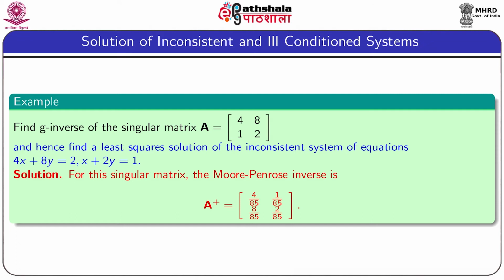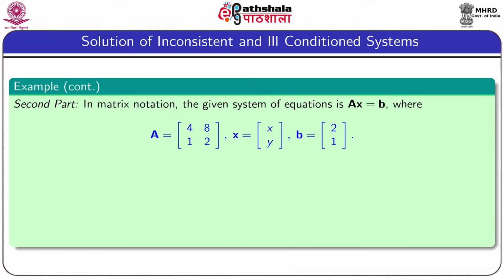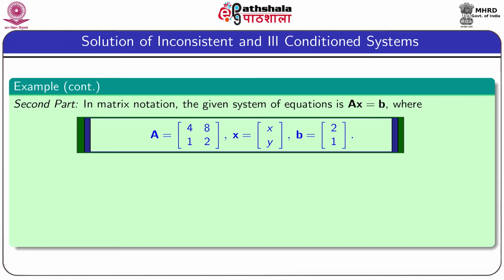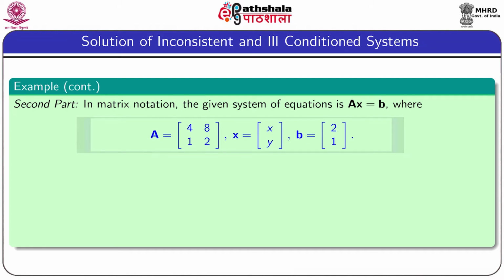For this singular matrix, the Moore-Penrose inverse is obtained as A plus equal to a 2 by 2 matrix whose first row is 4 by 85, 1 by 85, second row is 8 by 85, 2 by 85. In this system of equations Ax equal to b, the coefficient matrix A equal to 4, 8, 1, 2, the unknown vector x equal to (x, y) and the right hand vector b equal to (2, 1).